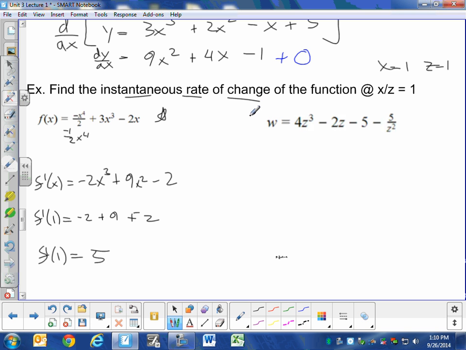The correct notation for taking the derivative would take the instantaneous change of w with respect to the instantaneous change of z, or dw/dz. Which is the same as w prime, if you want to use that.